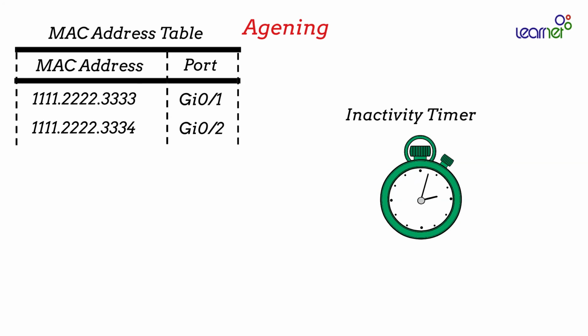Let's assume a device is disconnected from the network or its NIC has been changed and that NIC is not in the network anymore, so it won't send any frame for a certain amount of time. And the inactivity timer gets older and older. If the entry's timer reaches a certain point and the switch does not receive any new frame from it, it will delete the entry. And with this approach, switch controls the MAC address table size.